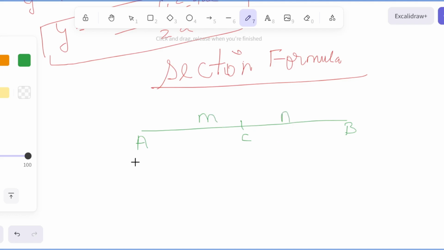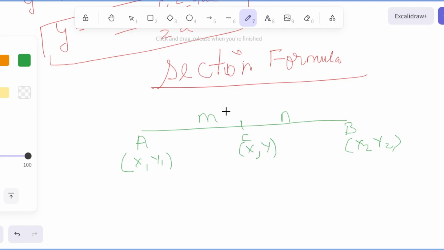Let the coordinates of A be x1, y1, and let the coordinates of B be x2, y2. You have to find the coordinates of this point C. Let these coordinates be x, y. So how do we find this x and y?